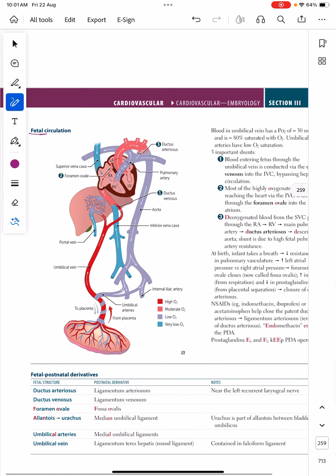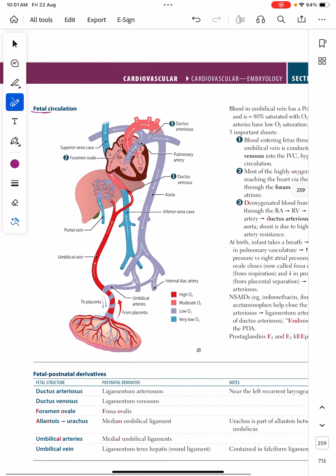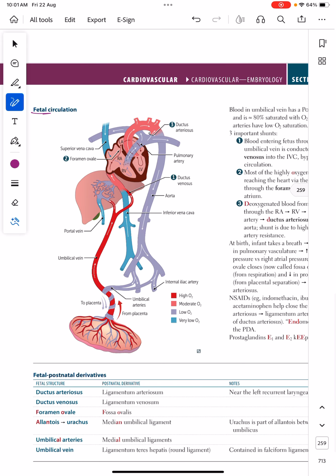In the fetal circulation, there are two umbilical arteries and one umbilical vein. The umbilical vein carries oxygenated blood, even though it is a vein, and the umbilical arteries carry the deoxygenated blood. They are connected to this placenta.